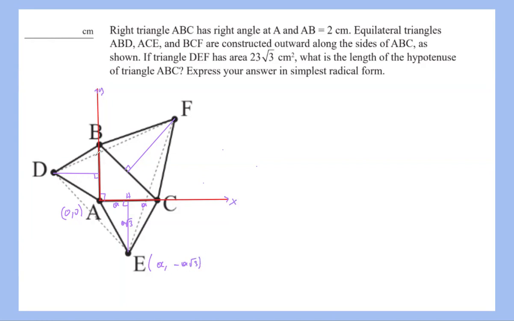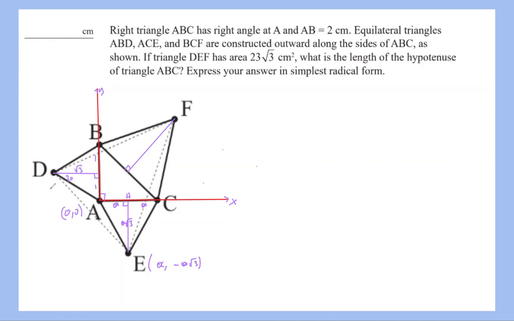If I use the same idea, this is 1 unit, and this is 1 unit, which is one unit above the origin. The y coordinate of this is 1, but the x coordinate is this distance. This is 30 degrees and this is 60, and 30 is opposite to 1, so this is going to be root 3 because of the special triangle.